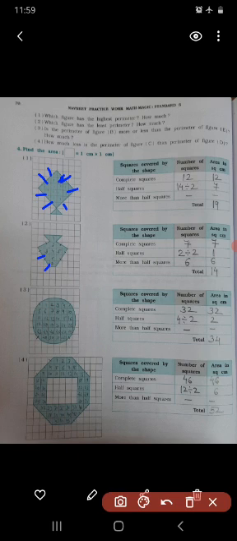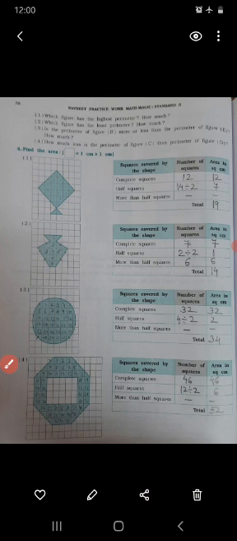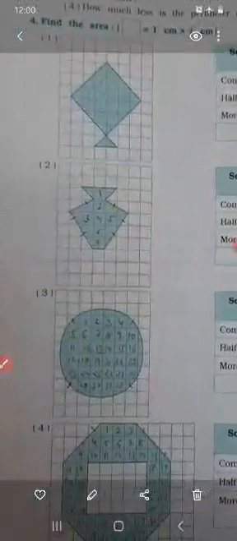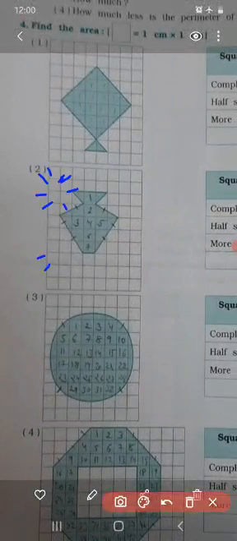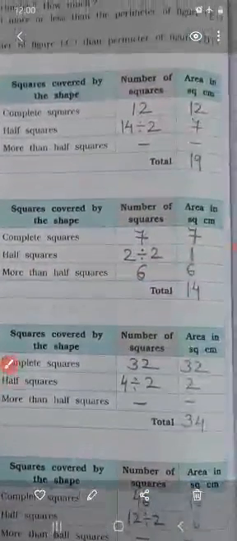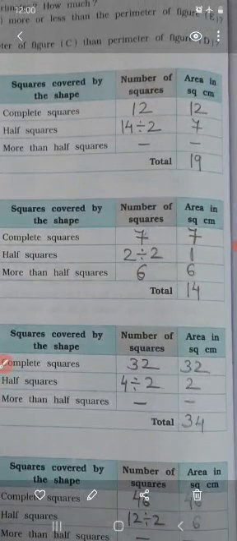These are the lines which I have marked with pencil, that you can see. These are the boxes which are more than half shaded. So more than half squares are 6 in number. So 6 will remain as it is, as we count more than half as one whole square. Only half will be divided by 2.